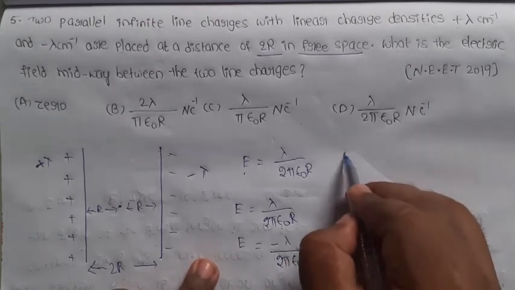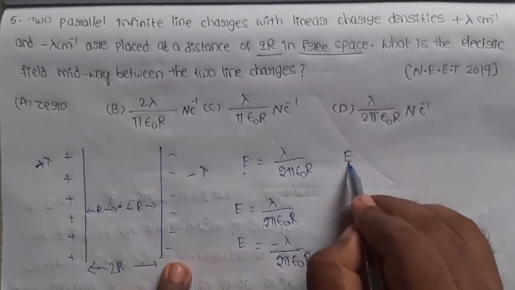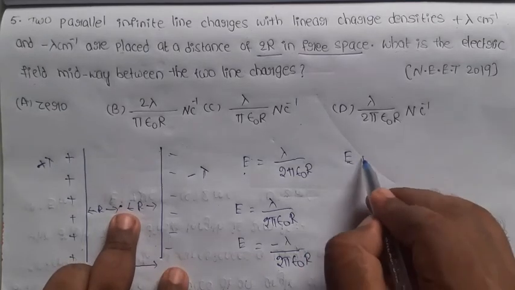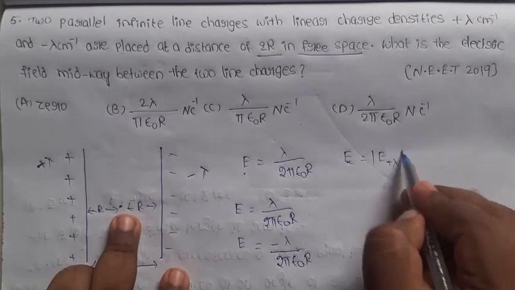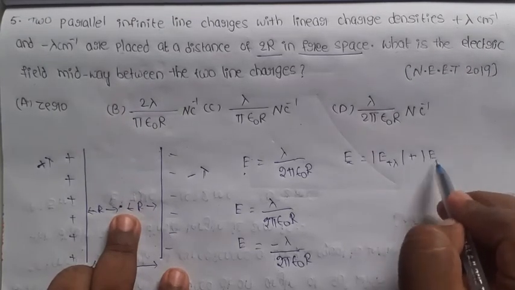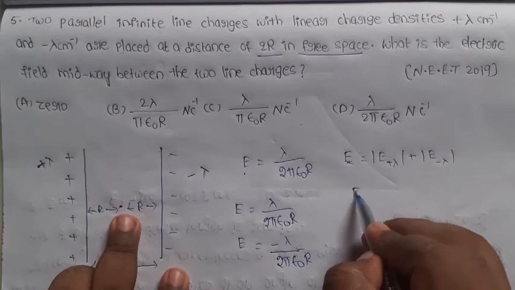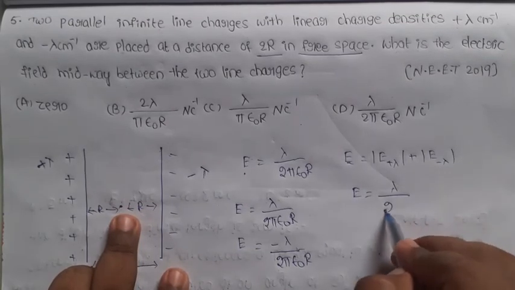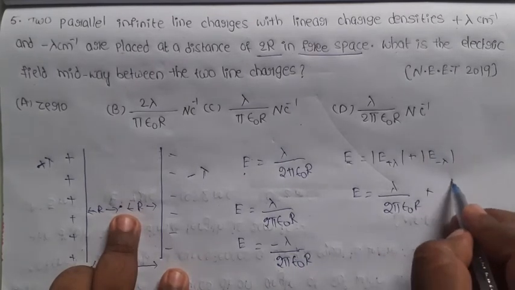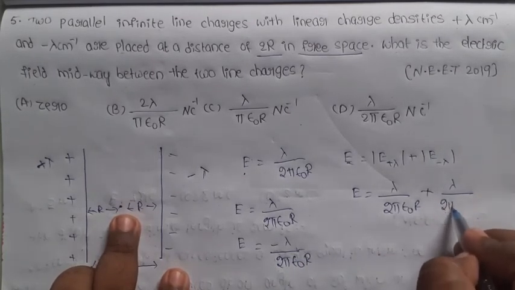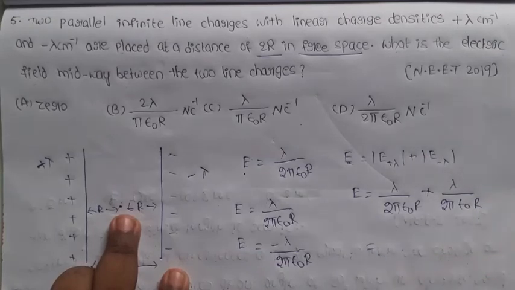Next, I am going to find the total electric field at midway. E equals modulus of E plus lambda plus modulus of E minus lambda. So lambda by 2 pi epsilon naught r, and the modulus becomes a positive value, lambda by 2 pi epsilon naught r. So 2 lambda by 2 pi epsilon naught r, the 2 gets cancelled.